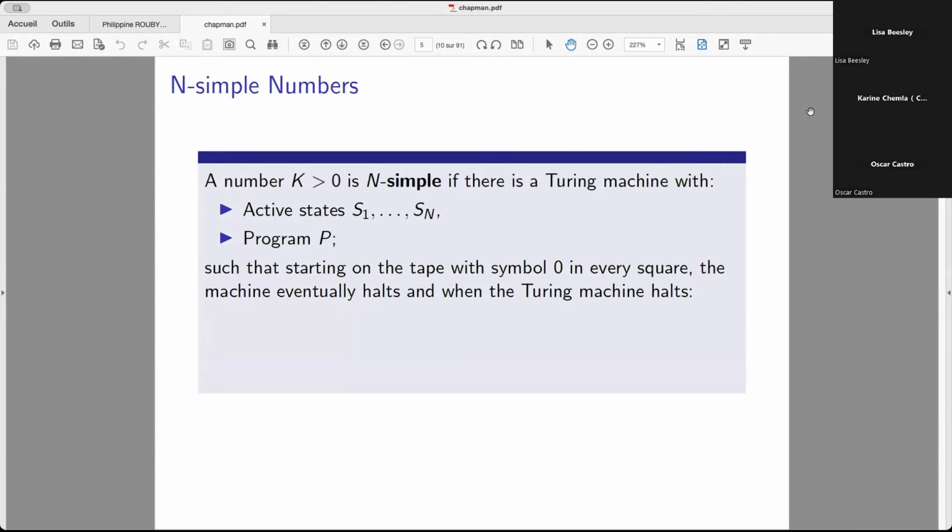All right, so we can use this to define a notion of simplicity for numbers.